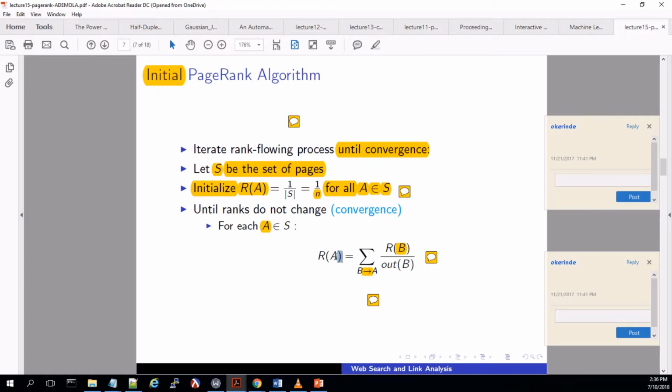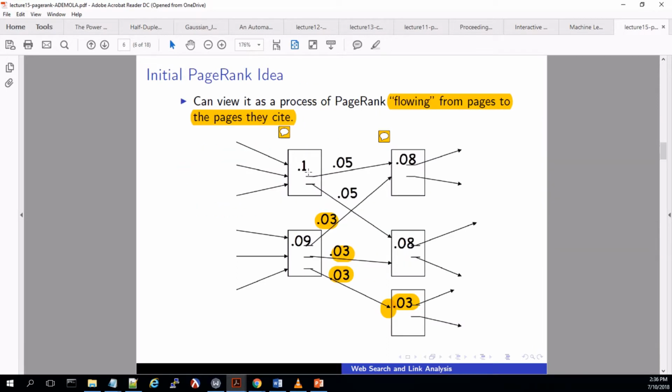So for us to calculate the rank of a page, we look at the rank of each of the pages that point to A, then divide by the out degree of that page. The out degree of this particular page is 2, because it is distributing its endorsement to 2 other pages.